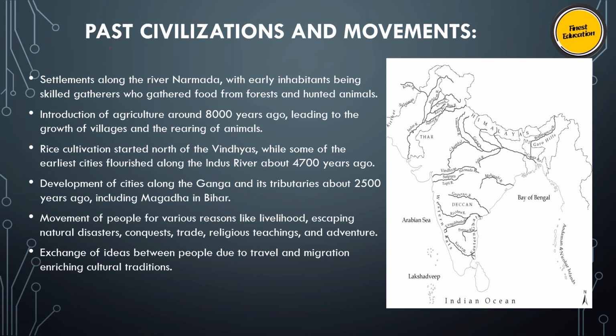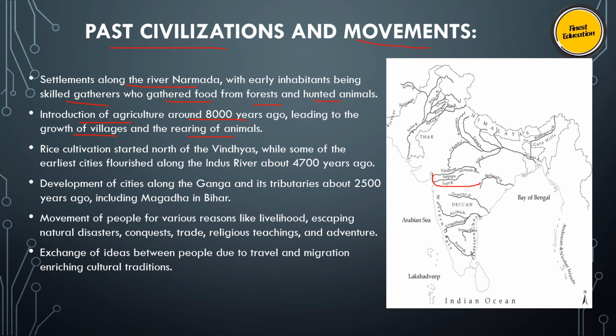Now let's learn about past civilizations and movements. There were several settlements found around the Narmada, which is one of the important rivers flowing at present in Maharashtra. Early inhabitants of these areas were basically skilled gatherers who used to gather food from the forest and also hunt animals. There was the introduction of agriculture around 8,000 years ago, which further led to the growth of villages and domestication of animals.